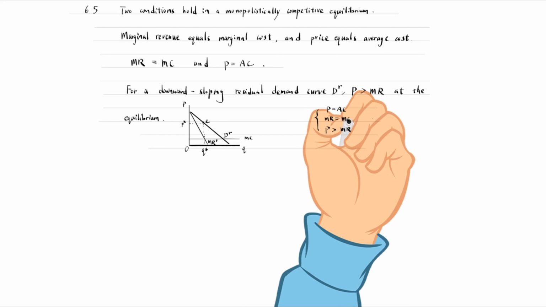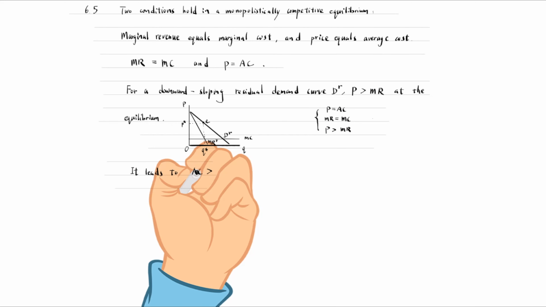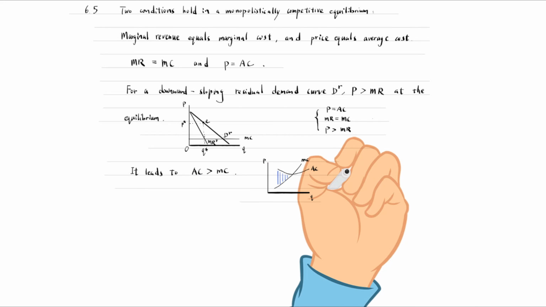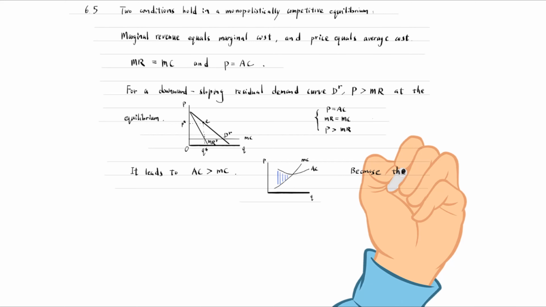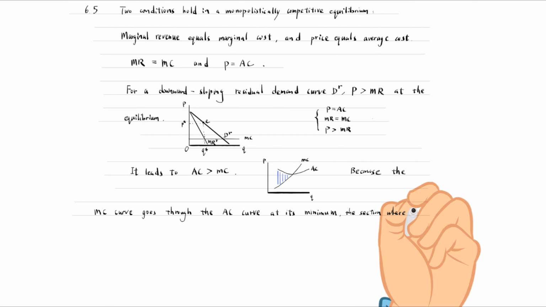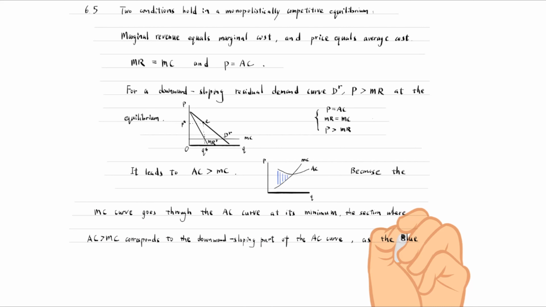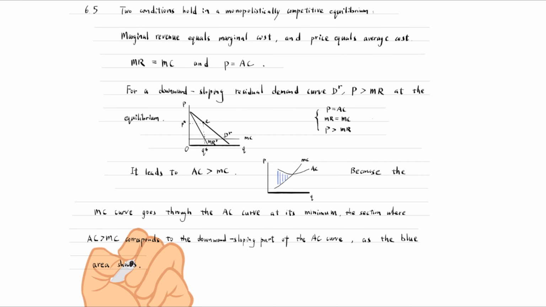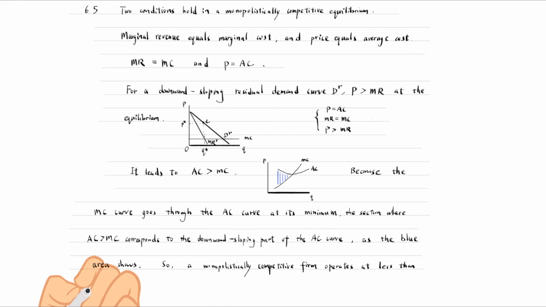It leads to the fact that the average cost must be higher than the marginal cost, because the marginal cost curve goes through the average cost curve at its minimum. The section where the average cost is greater than the marginal cost corresponds to the downward sloping part of the average cost curve, as the blue area shows in the graph. So, a monopolistically competitive firm operates at less than full capacity.